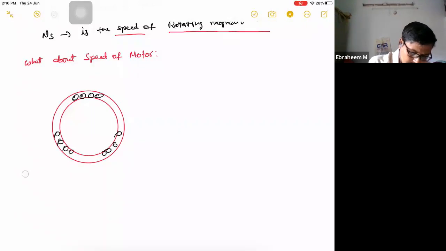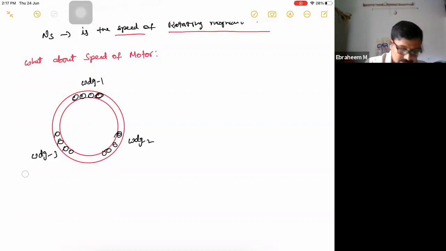All are displaced by 120 degrees in phase. This is winding one, winding two, winding three. These three windings will produce three fluxes.